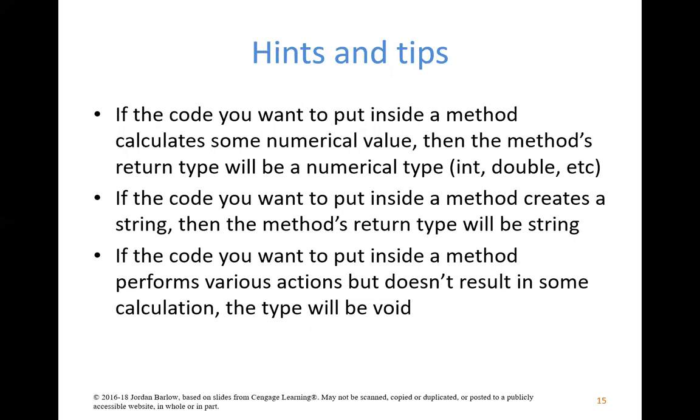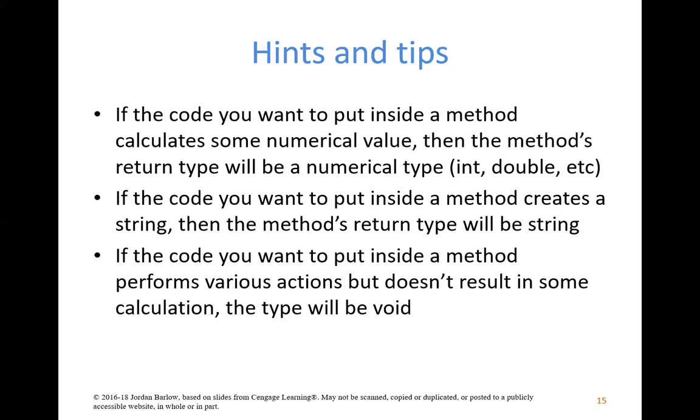Okay, so here are some hints and tips when you're thinking about how you want to design the methods for your code. If the code that you want to put inside a method calculates a number, then likely your return type will be a number, like an int or a double. If you are creating a string, then the return type will be string. So the hint here is if your method creates something that you then want to let the user save to a variable, then whatever type of something that is, it will be your return type.